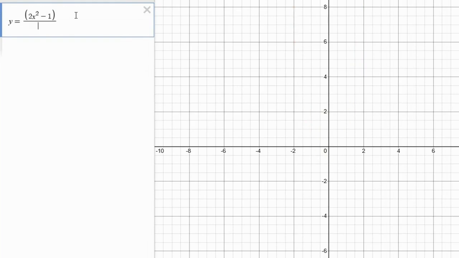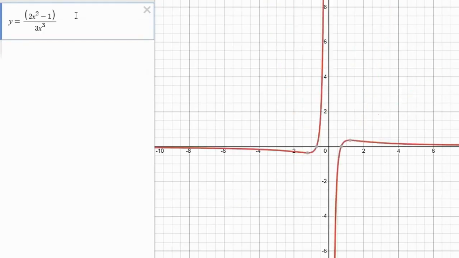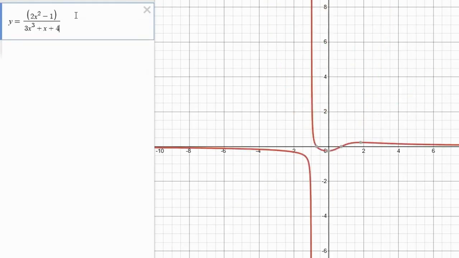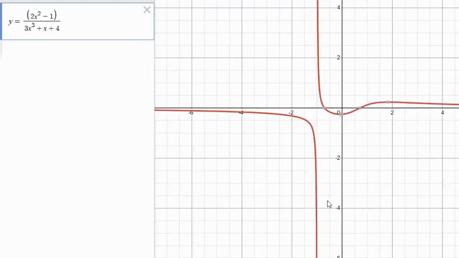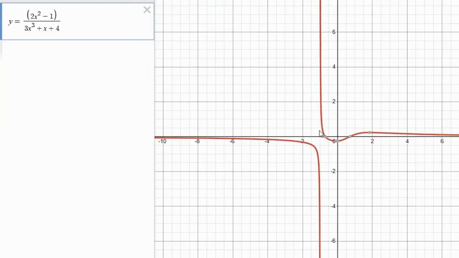And that's going to be divided by 3x to the third plus x plus 4. Okay. So obviously, if x is 2, or negative 2, this graph is not going to exist there because it said where it increases or decreases without bound.